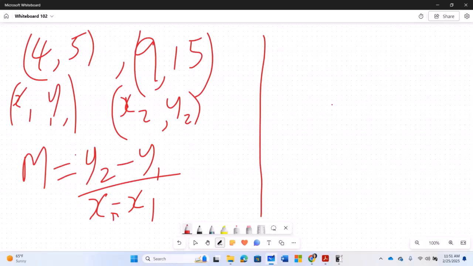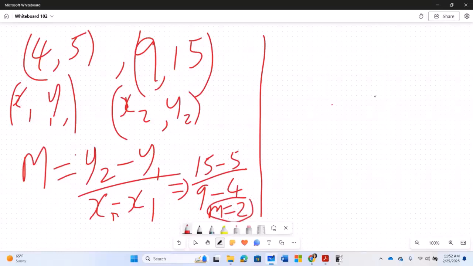So y2 is 15, y1 is 5, x2 is 9, x1 is 4. Let's find the slope. 15 minus 5 is 10. 9 minus 4 is 5. 10 divided by 5 is 2. So the slope is 2. We found the slope.